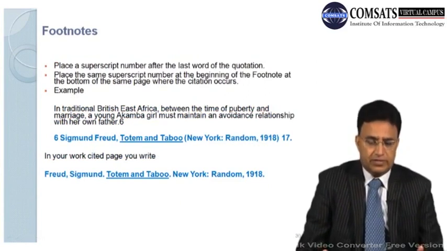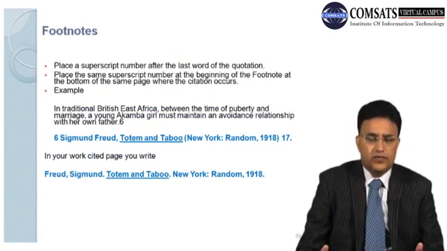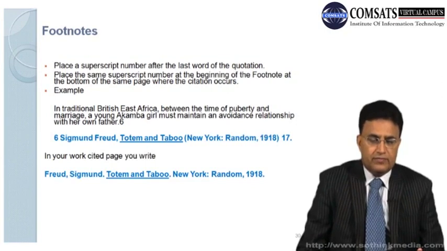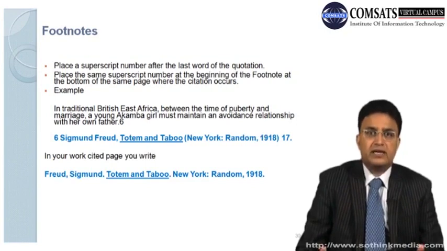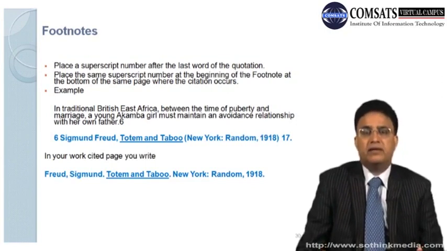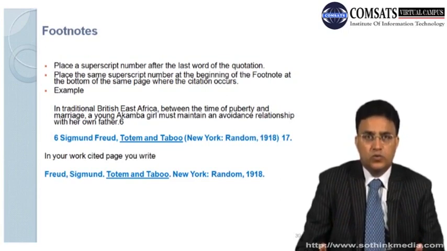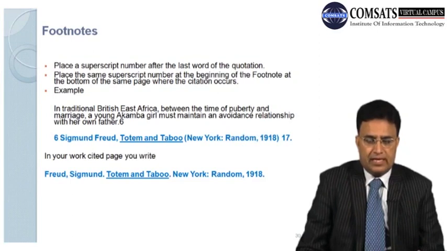That was about bibliography. What about footnotes? You place a superscript number after the last word of the quotation. Okay? Place the same superscript number at the beginning of the footnote at the bottom of the same page where the citation occurs.